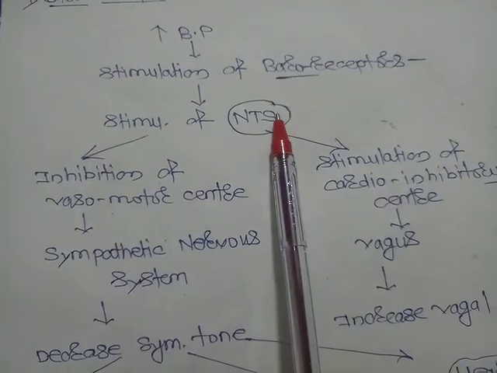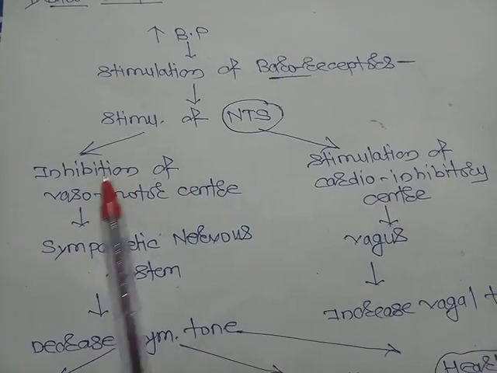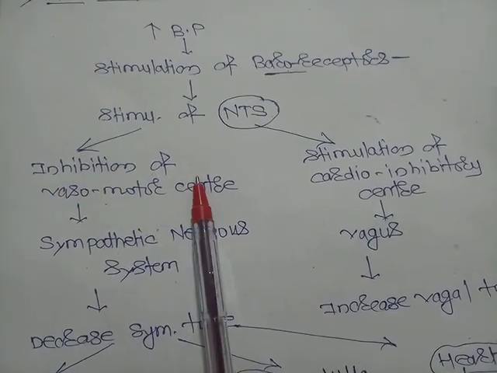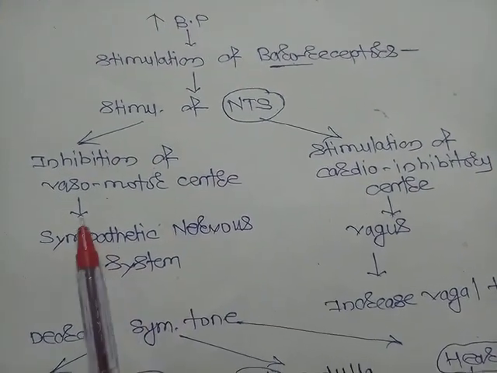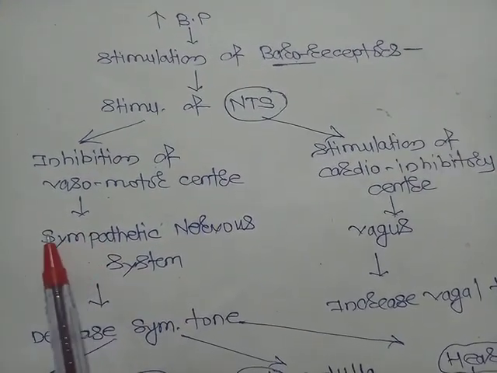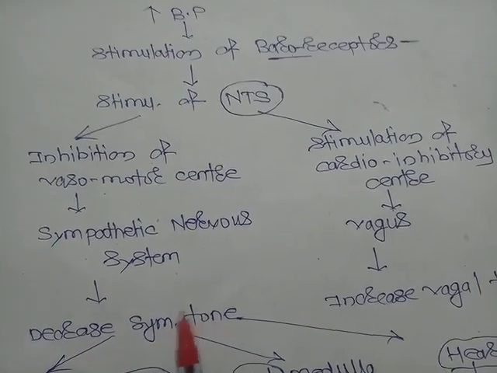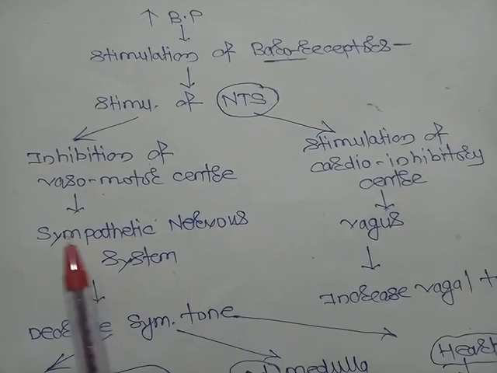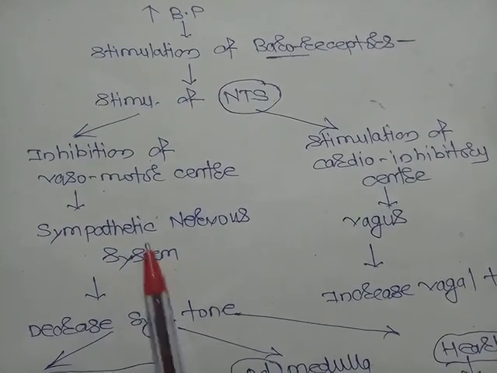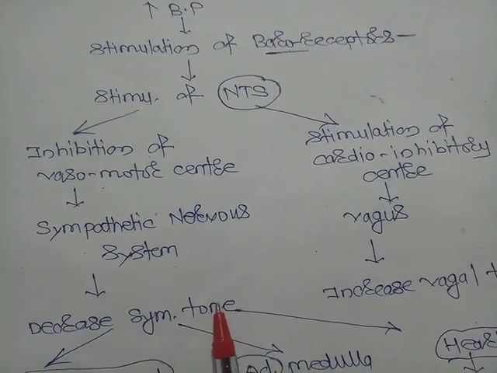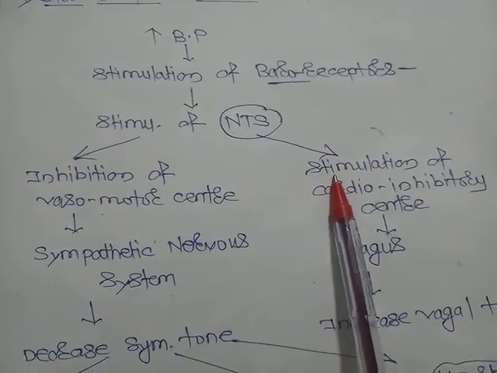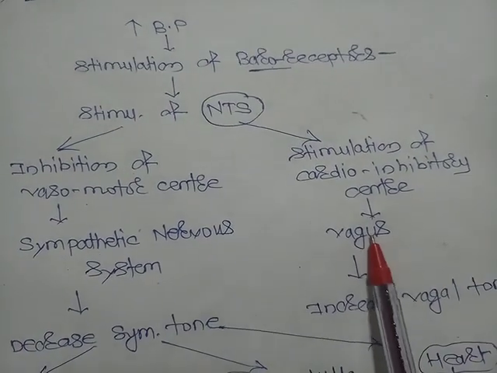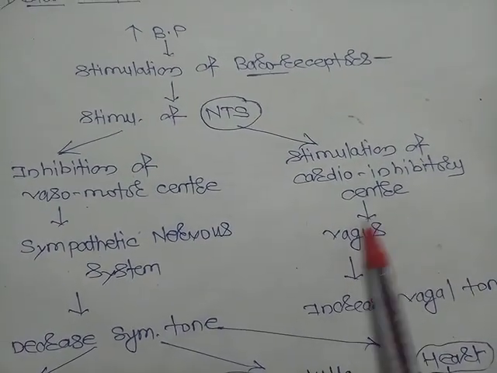After stimulation of the nucleus tractus solitarius, there is inhibition of the vasomotor center, and there is a decreased sympathetic tone, or decreased sympathetic nervous system activity. And there is stimulation of the cardioinhibitory center, which means the parasympathetic nervous system comes into action.